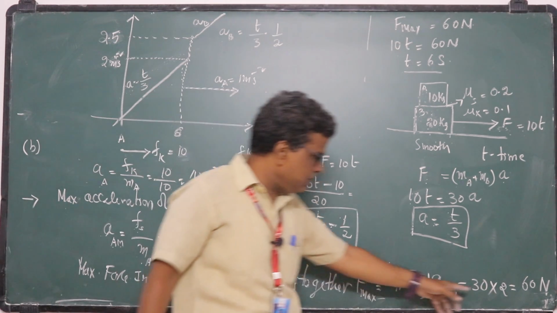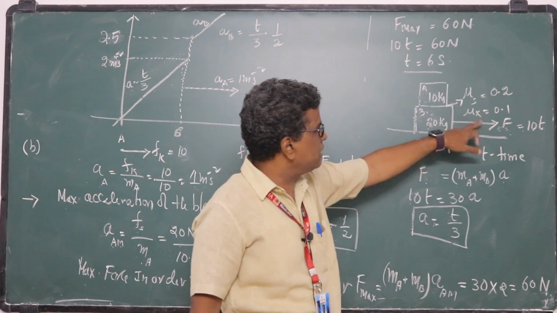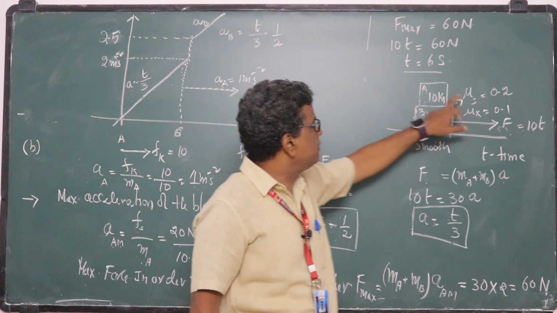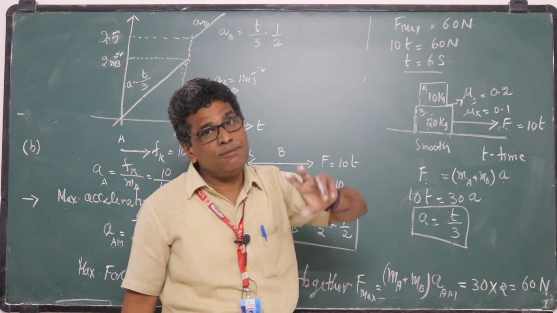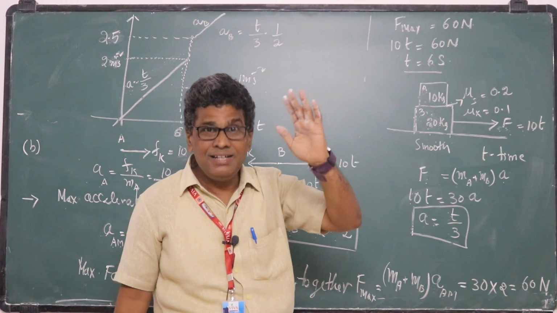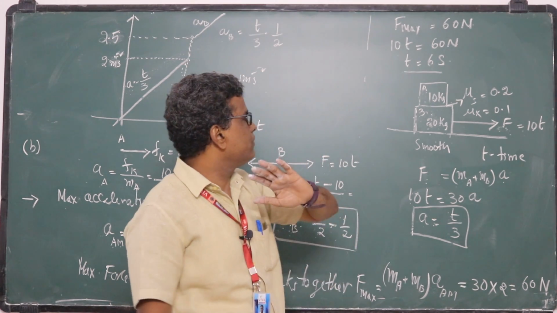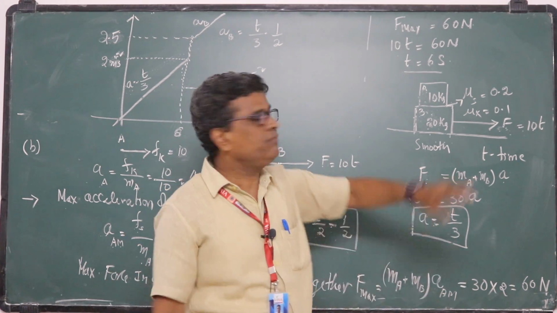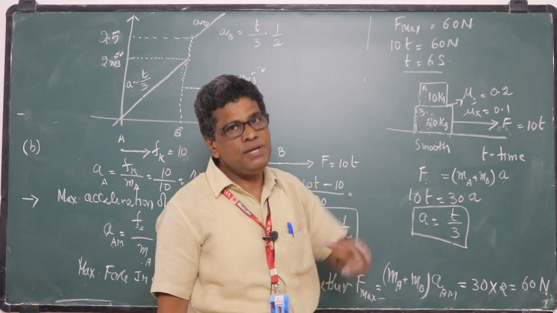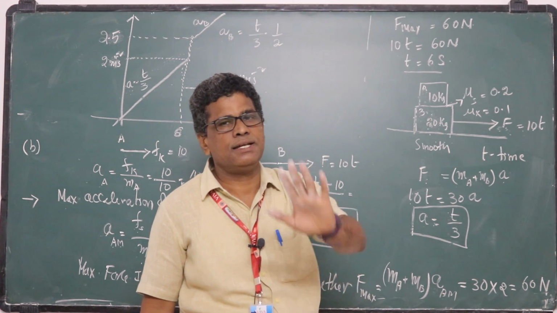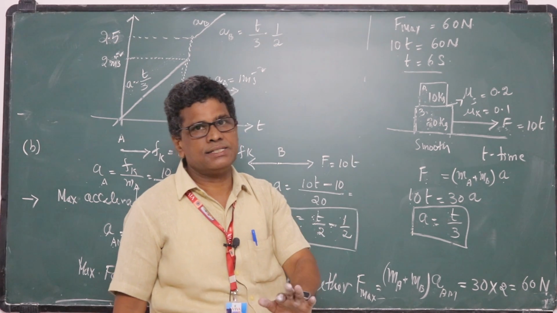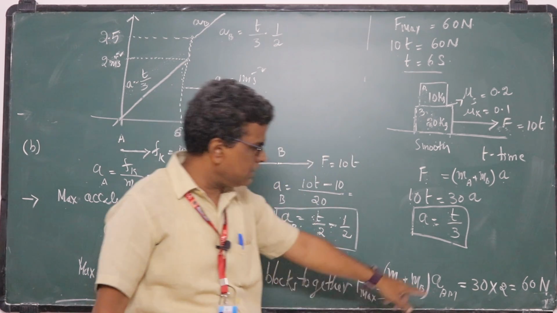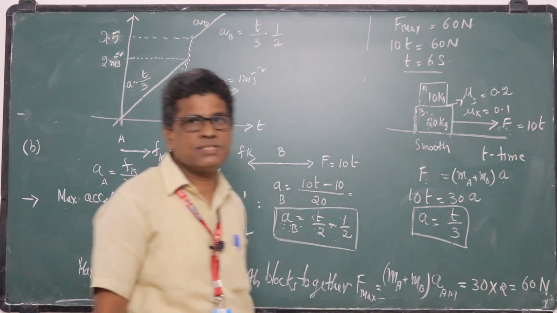So if the force exceeds 60 newtons, block A starts slipping on block B. Until 6 seconds, A and B have a common acceleration. At that instant, the force acting on the body is 60 newtons.